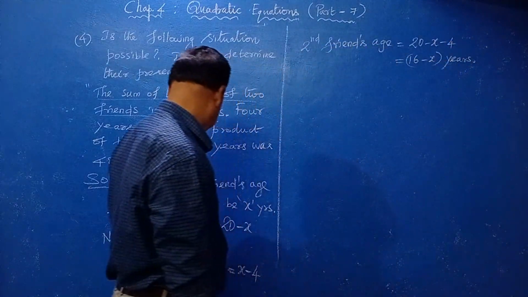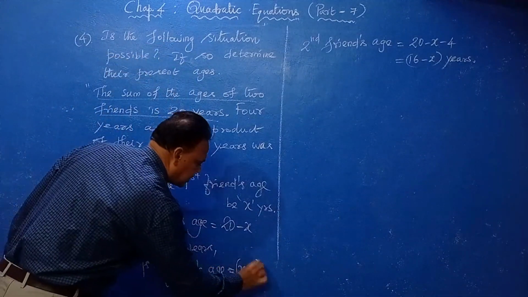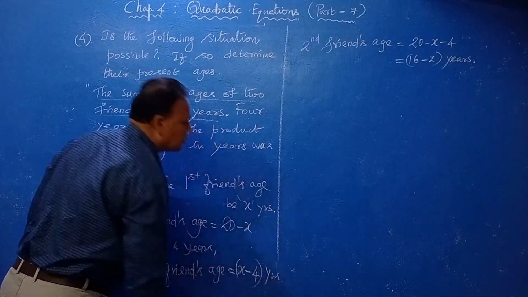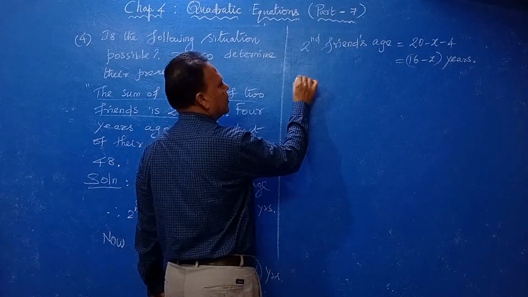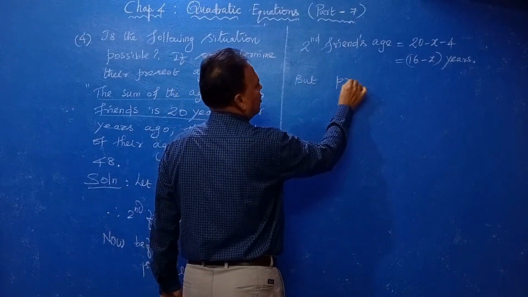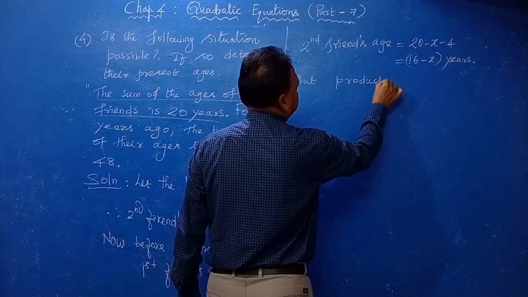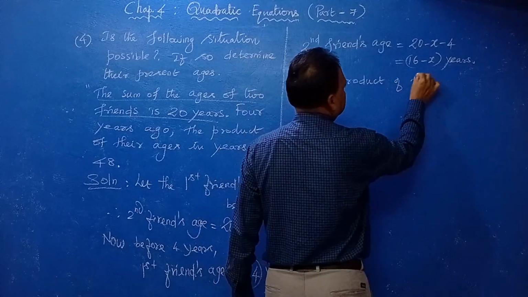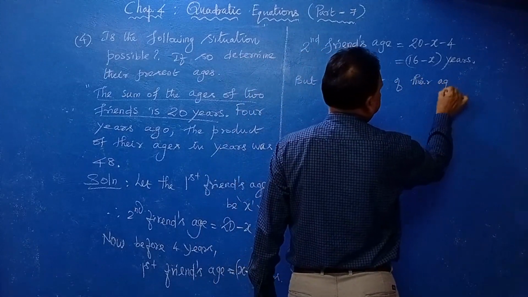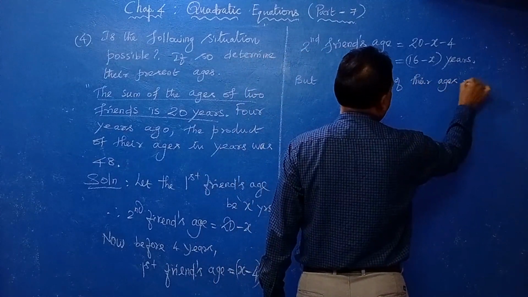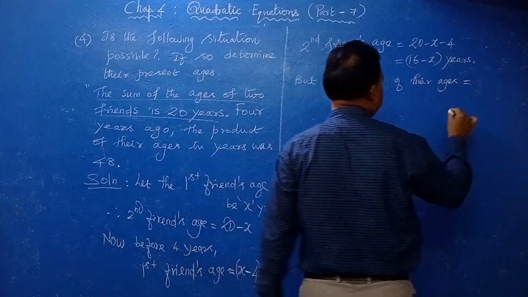Here also write years. But the product of their ages is equal to 48, is given.